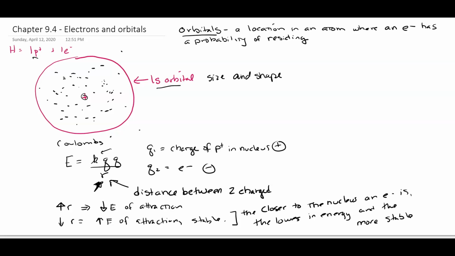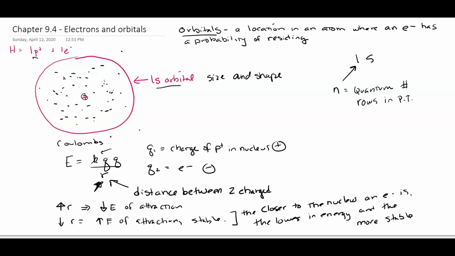There are other s orbitals, but they have different energy levels associated with them. So 1s, that is n, the quantum number, similar to the Bohr orbits. That is the principal quantum number, and it is loosely associated with rows in the periodic table.